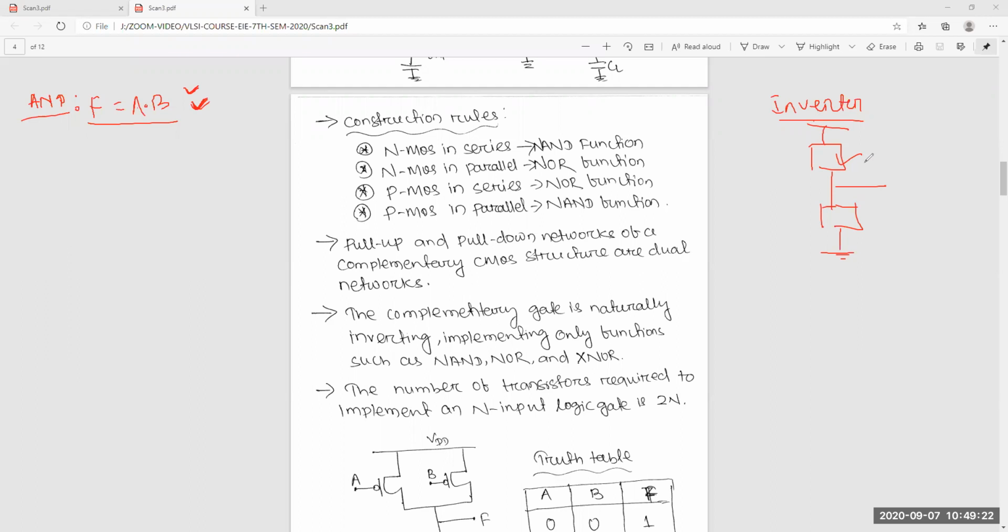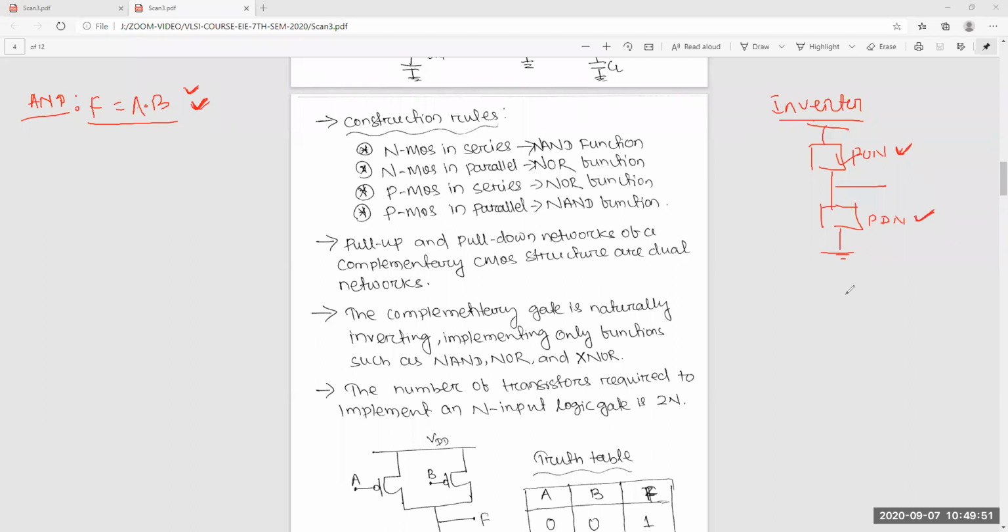Very simple question. This is PUN, this is PDN, pull up network and pull down network. So for that inverter implementation, what will be there?